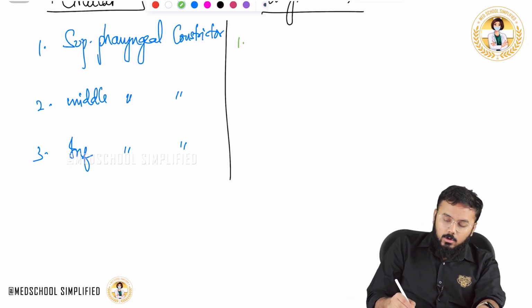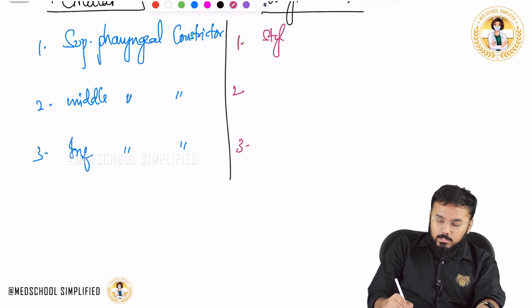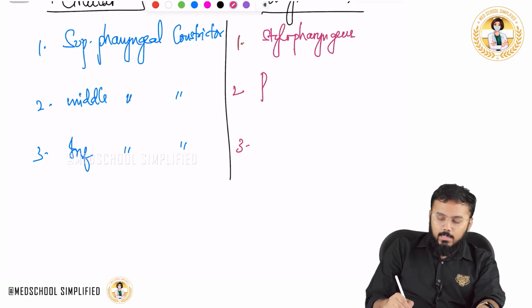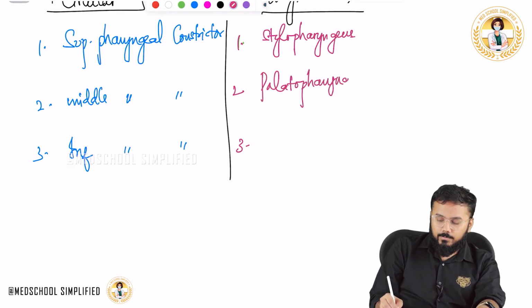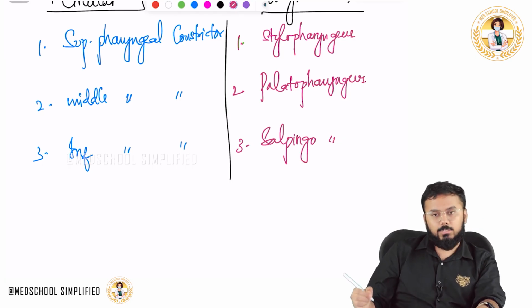Coming to the longitudinal muscles, we also have three important longitudinal muscles. One is called the stylopharyngeus, another is called the palatopharyngeus, and the third one is called the salpingopharyngeus. So what are the three muscles?